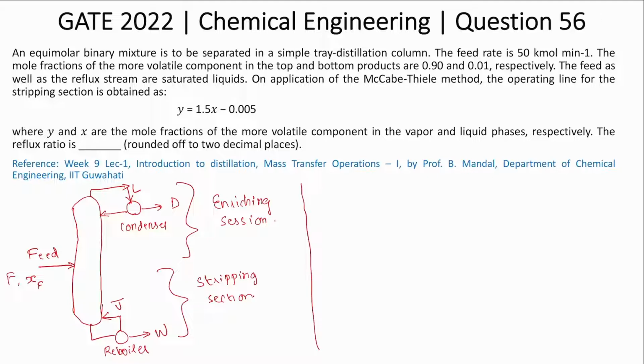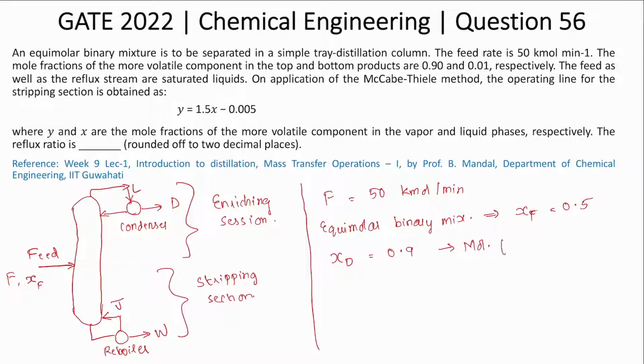So let's write down the data that we have from the question so far. We have F, which is the feed rate, as 50 kilomole per minute, and the feed is an equimolar binary mixture. That means the compositions of the more volatile component and less volatile component are both equal, and XF is equal to 0.5. Then we have XD equal to 0.99, which is the mole fraction of the more volatile component in the distillate.